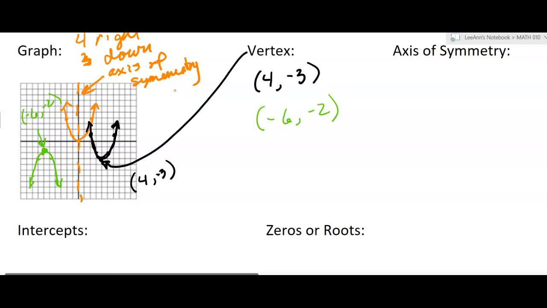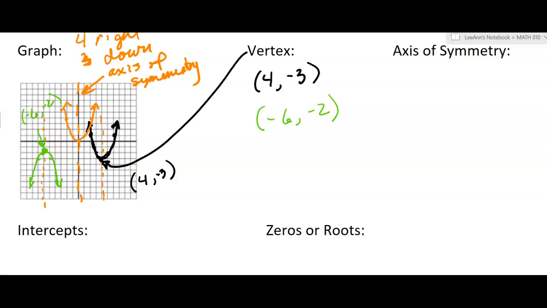So on the other one, I have my axis of symmetry going through here. And on this one, I have the axis of symmetry going through there, okay? Now, those axes of symmetry have equations. They're vertical lines, okay?